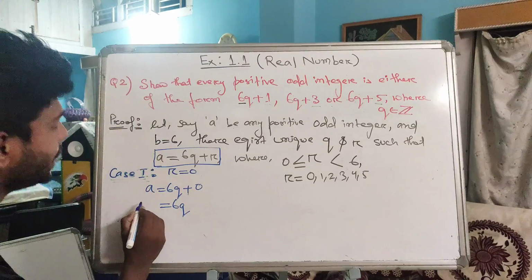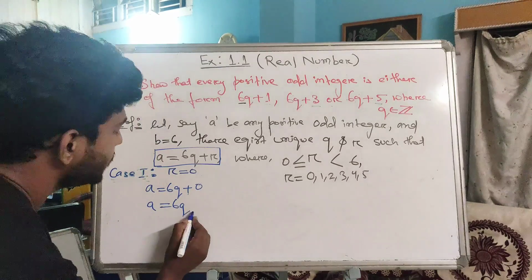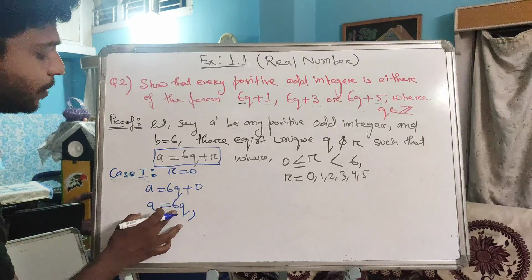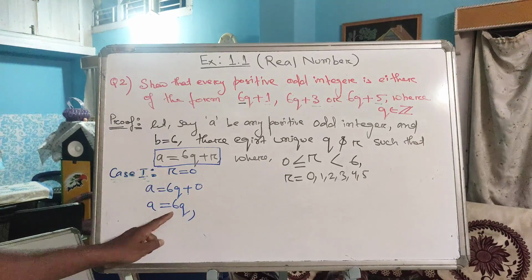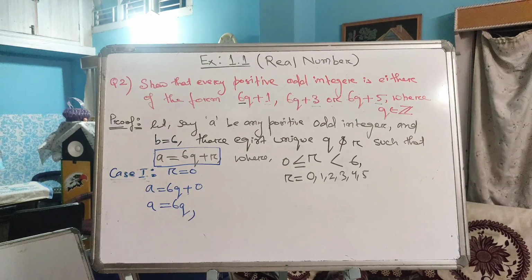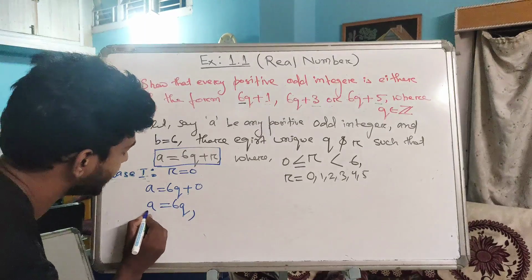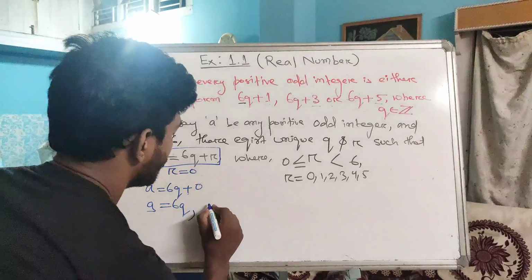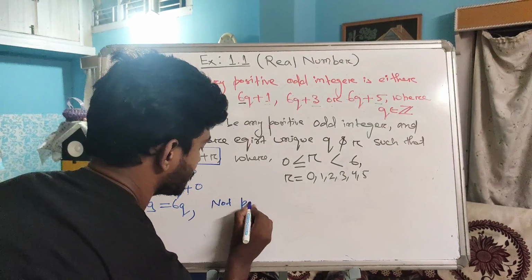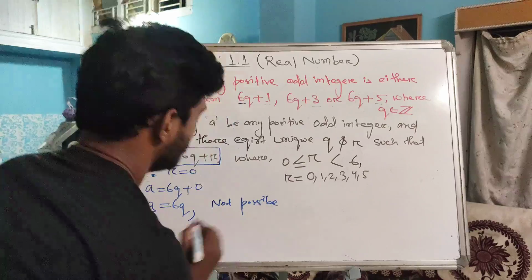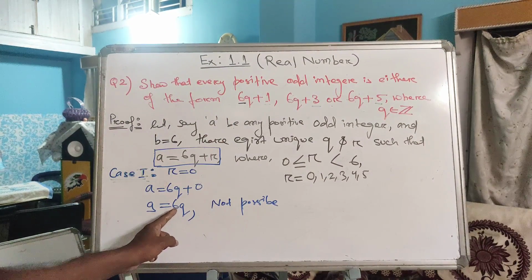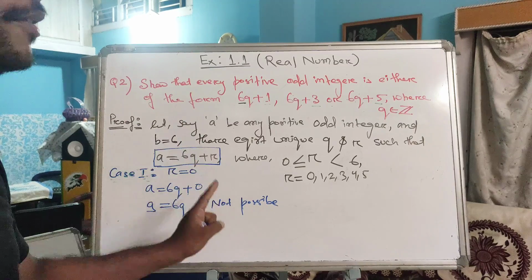So a equals 6q, but this form is not possible because a multiple of an even number is always even. 6 is an even number, and any multiple of it is also even, but we have considered a to be an odd number, so this form is not possible.